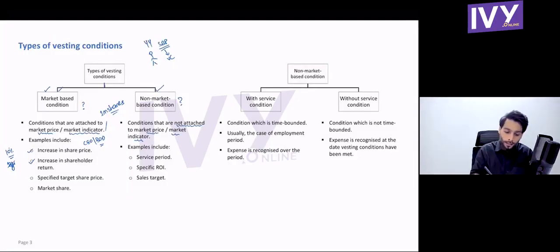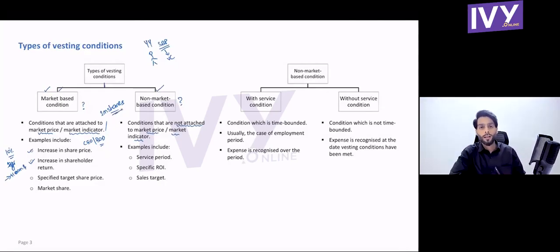They are told that you need to increase the market capitalization or our shares value by another $100 million, and if you do so, we will give you 1 million shares extra. We will approve your 1 million shares extra. Now this is a market based vesting condition.